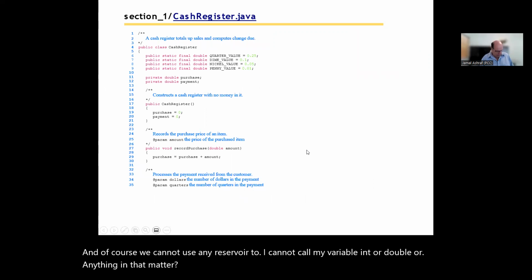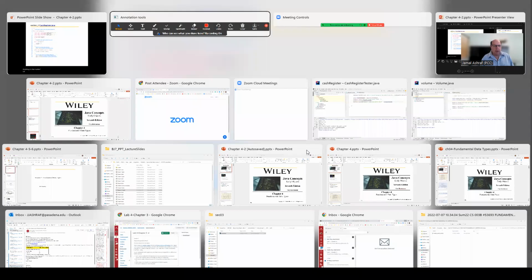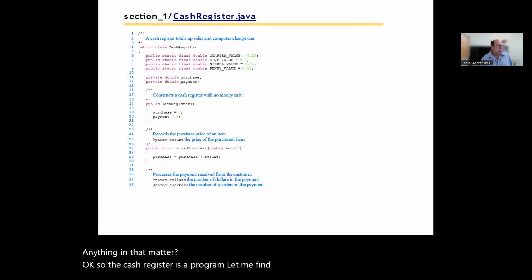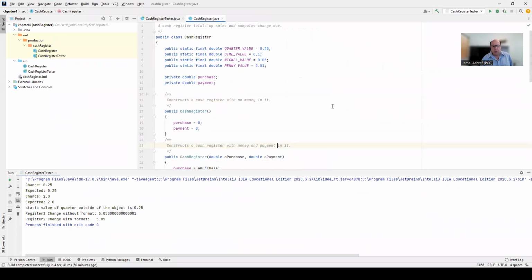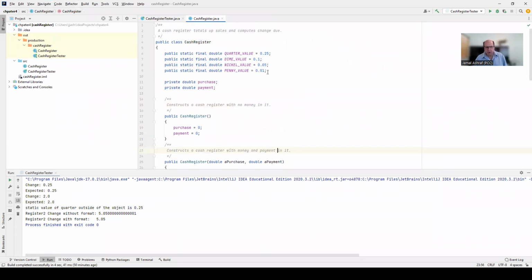Okay, so the cash register is a program. Let me find it right here. So the demonstration of the final variables, we are putting it over here as a public static final for quarter value.